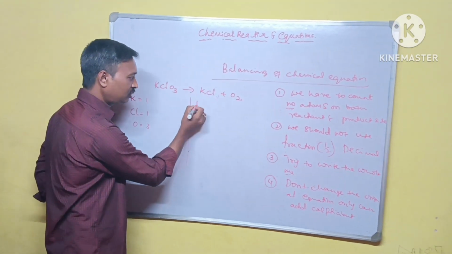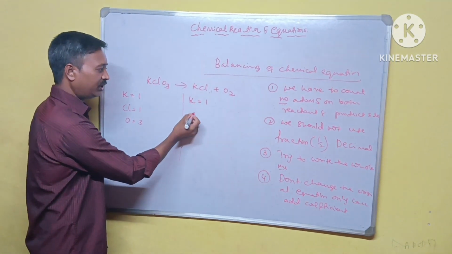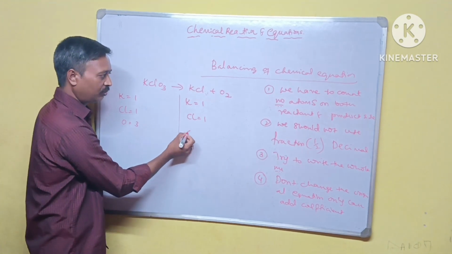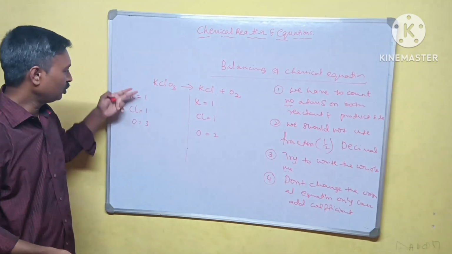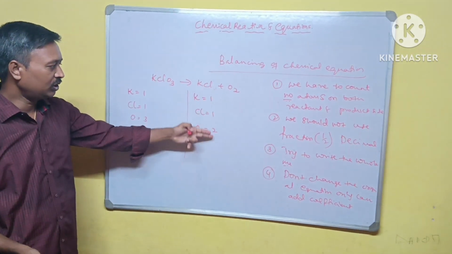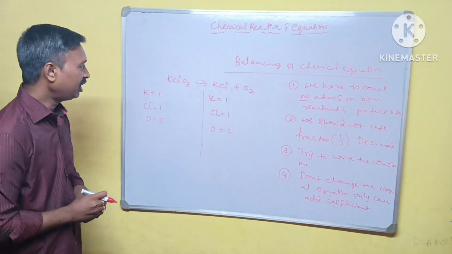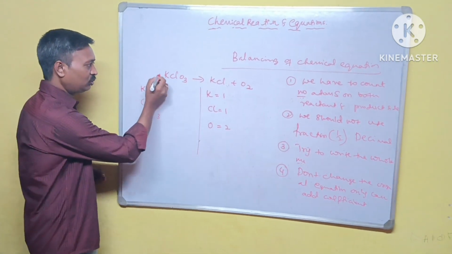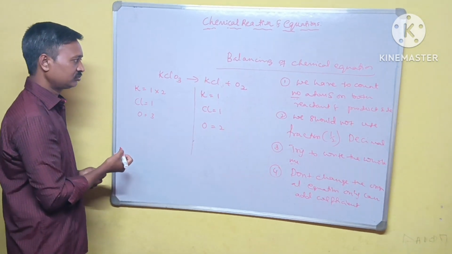Here, how many potassium? 1. How many chlorine? 1. How many oxygen? 2. Is it balanced? Look at 3 and 2. It is not possible. So what we have to do? We have to put 2, multiply K with the 2.